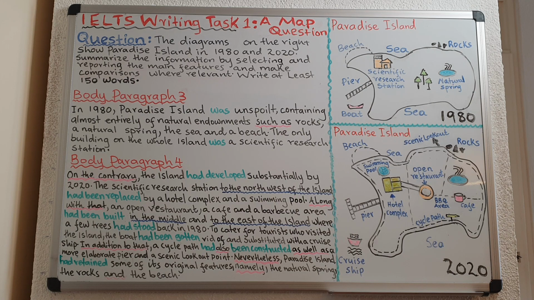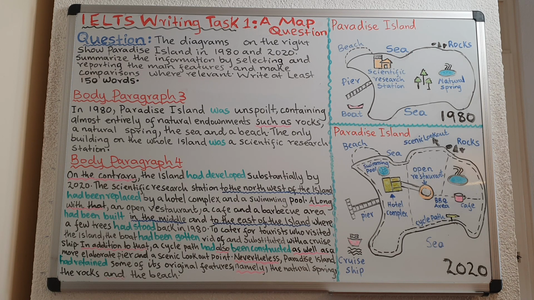However, in body paragraph 3, I just identified the key main features of Paradise Island in 1980. But in body paragraph 4, I compared the two islands. What did I do? I identified the similarities and the differences.